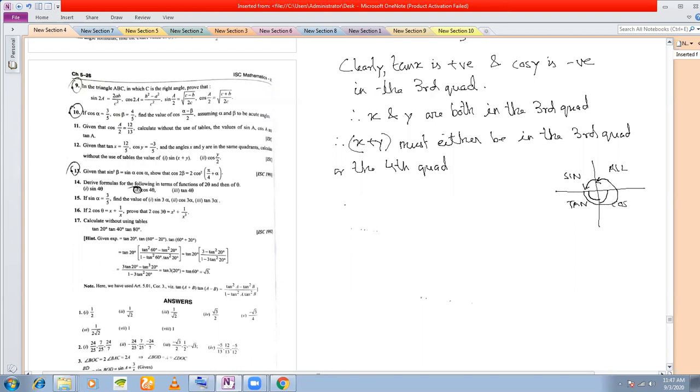That is because tan x is given to be 12 by 5, and cos y is given to be minus 3 by 5.